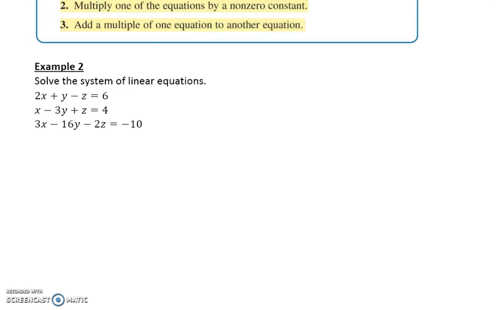And so for this example 2, we don't have any variables by themselves yet. So we're going to take a look, and there are multiple ways you can approach these problems.